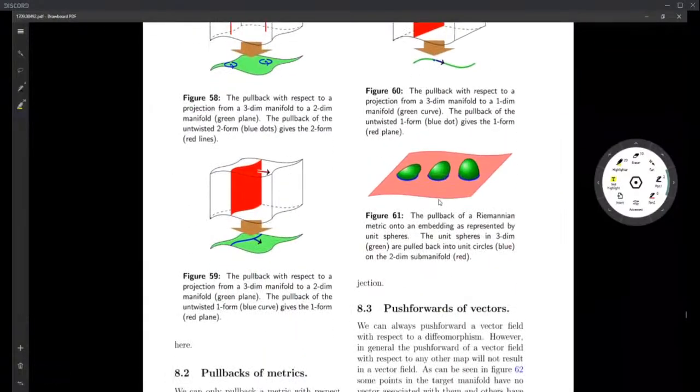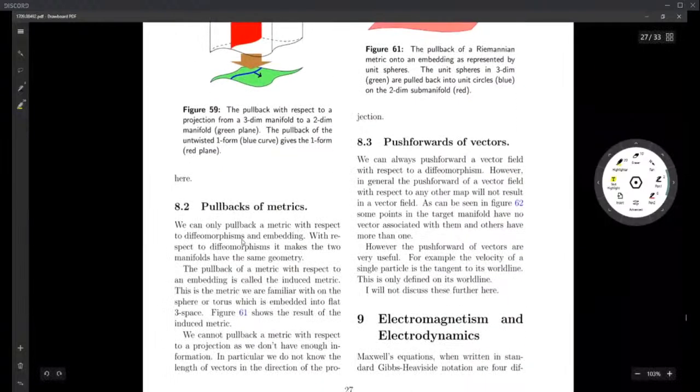So you can definitely apply pullbacks to metrics. What does it mean to pull back a metric? When you pull back a metric, because a metric, in a very loose sense, is a type of p-form, I'm basically saying I want to go from one manifold to another for this particular metric.